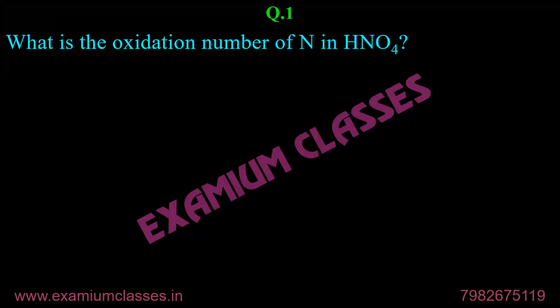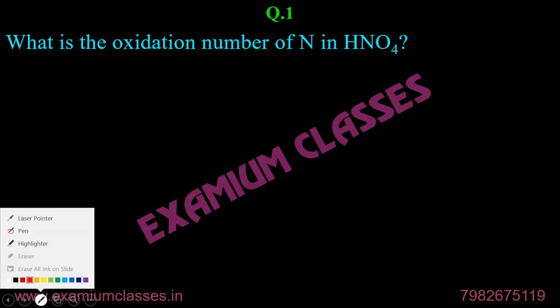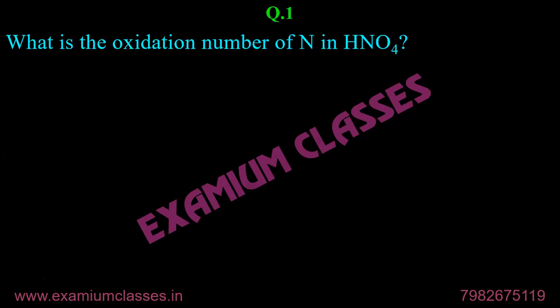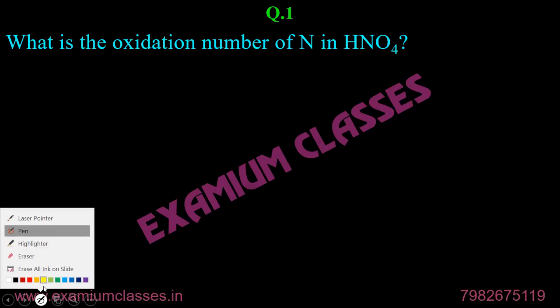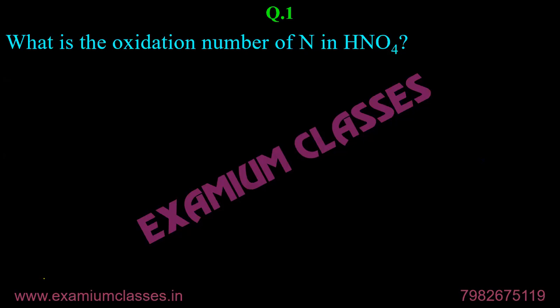So the first question is, what is the oxidation number of nitrogen in HNO4? And this is a slightly tricky question. The reason it is tricky is that if you calculate the oxidation number by the normal method, you consider the oxidation state as X. So H is +1, nitrogen X, oxygen -2, so 4 minus 2, 0.